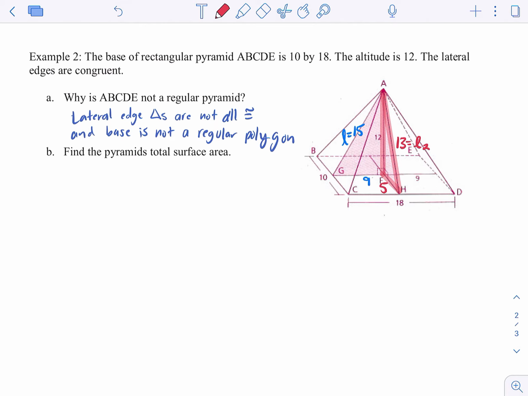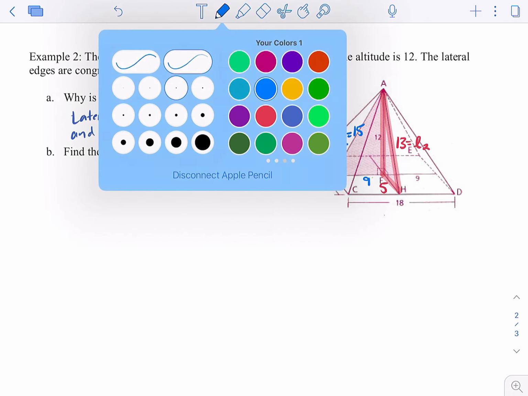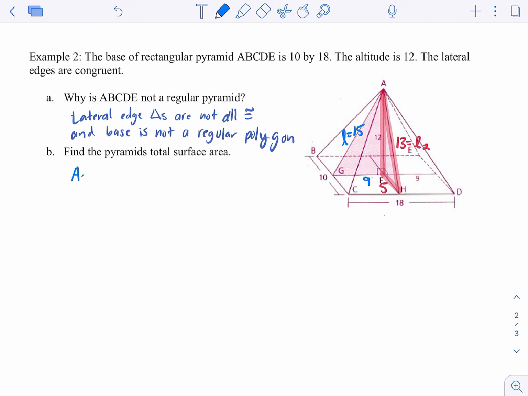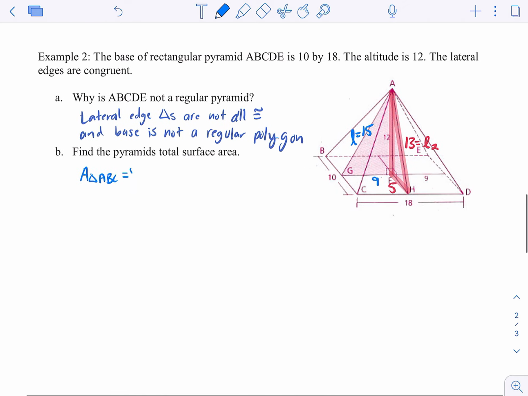So here's what this would look like, to do it by hand. Well, I have two of the same triangles, so I know that the area of triangle ABC would be half of its base times height. We just go back to what we've known before, piece it together. Half of 10 times 15, and that gives us 75.